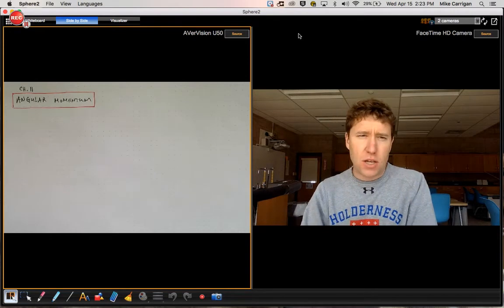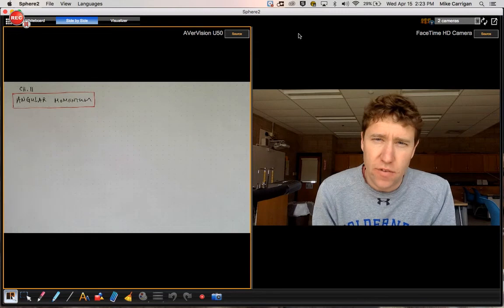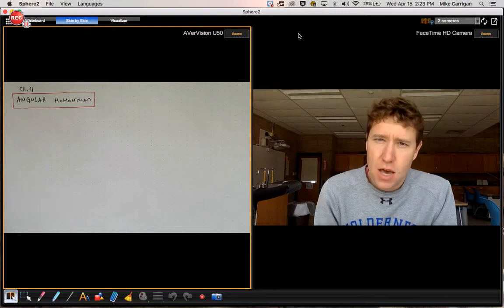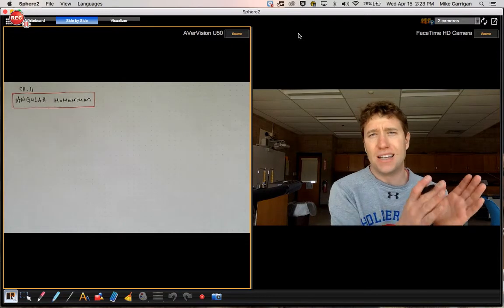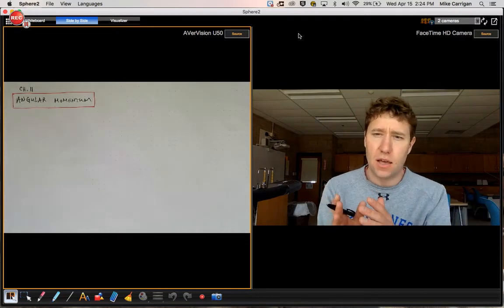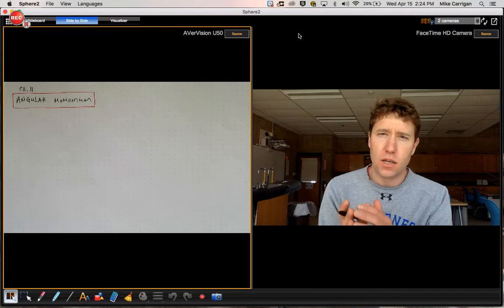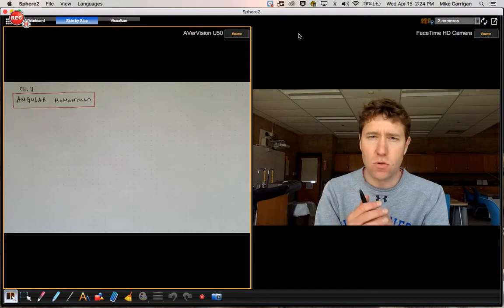So the first thing I want to say about angular momentum is, like so many of these other rotational quantities that we've had over the last couple chapters, what we're going to do is take something we already knew about in a linear context and try to figure out what would be the analogous quantity for a system that isn't a linear system, but for a system that's spinning or rotating.